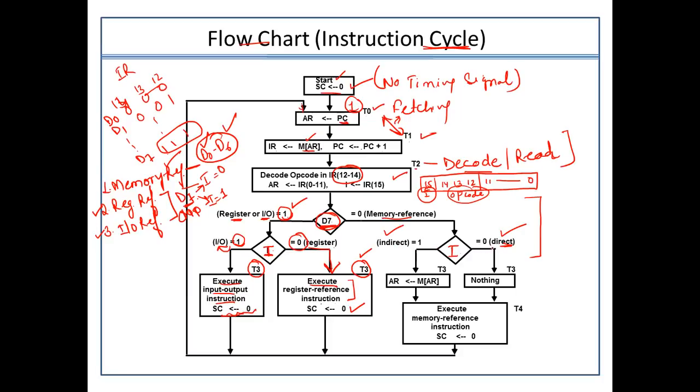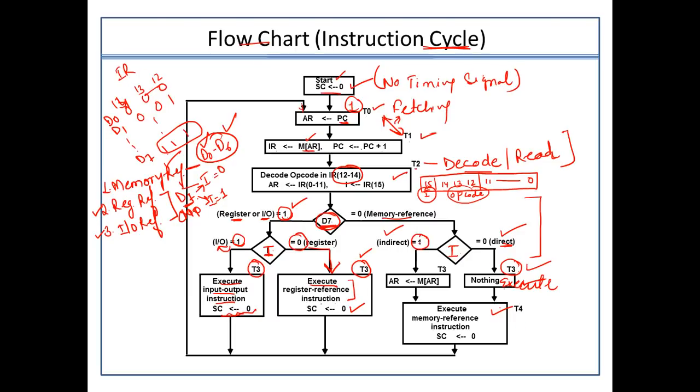So if the value is 0 here, means if it is a direct memory instruction, then at T3 I can say nothing will happen, or I can start the execution here also. I can start the execution process of my instruction, or I will be doing it at the T4 level. Means among T3 or T4, I can start the execution part from T3. It may go till T4, T5, T6 also.